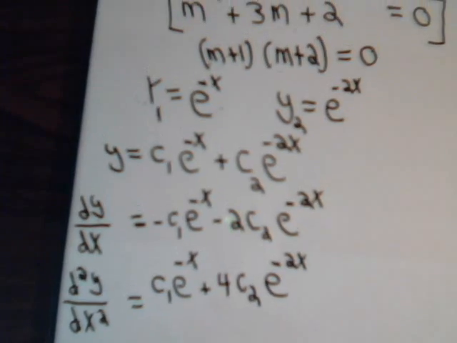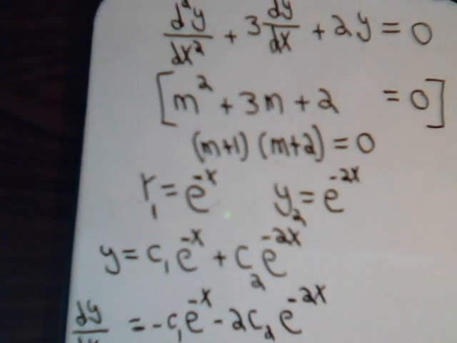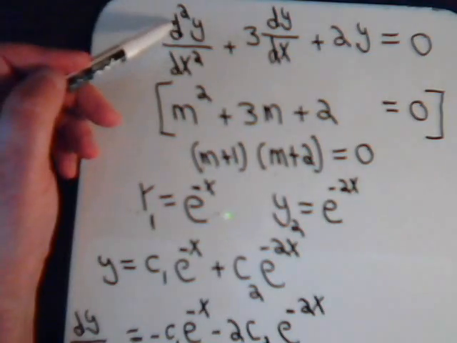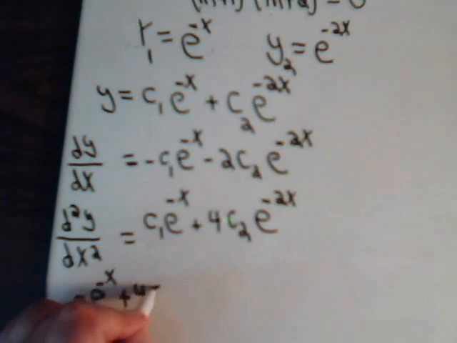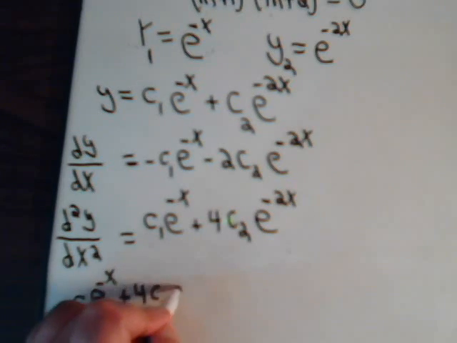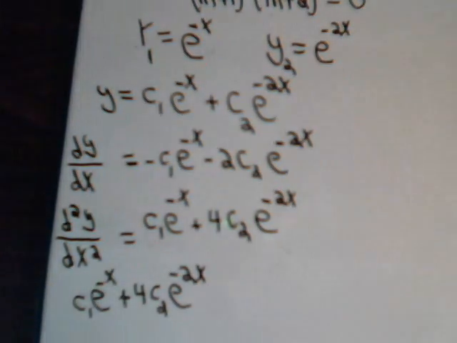Now we go up to here, here's our equation. We need this. So we have C1 e to the minus x plus 4 C2 e to the minus 2x.